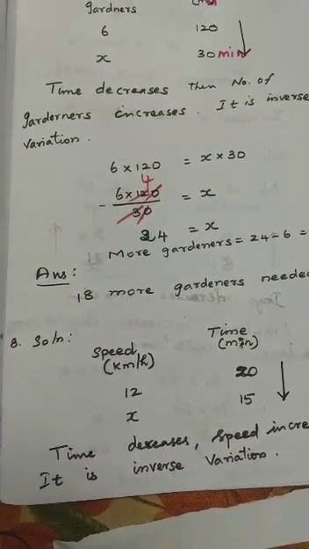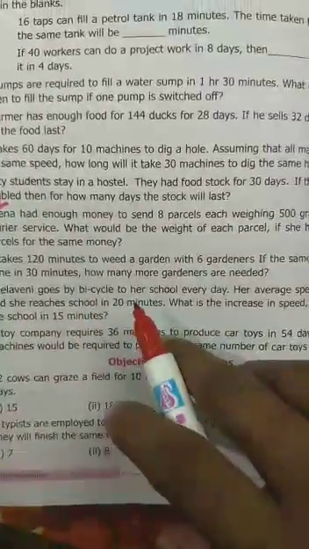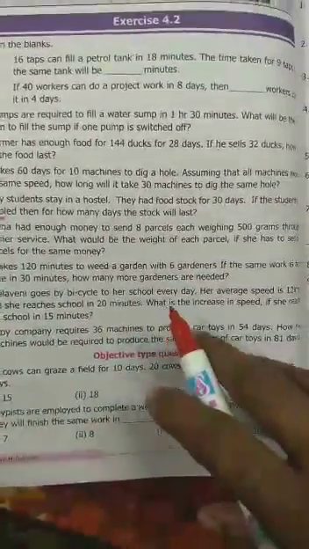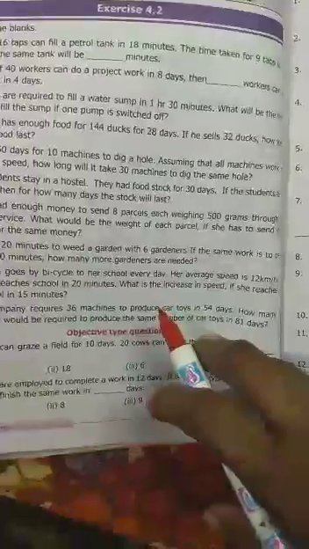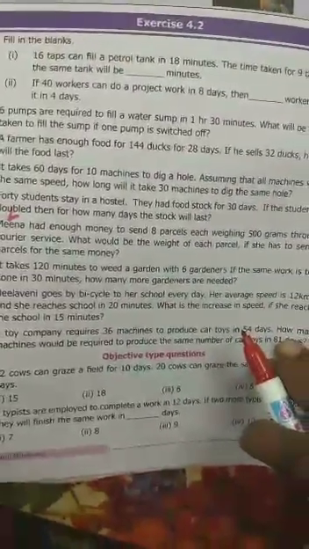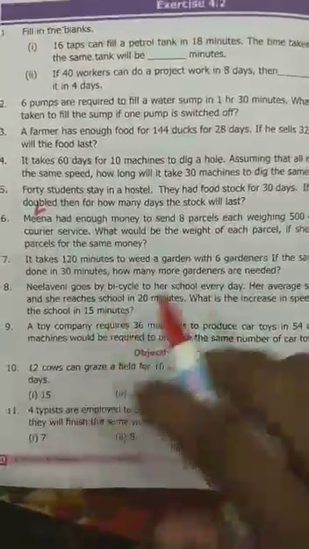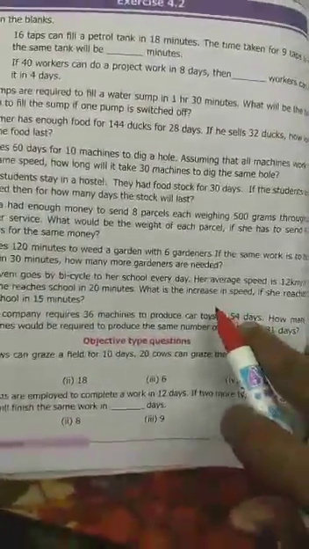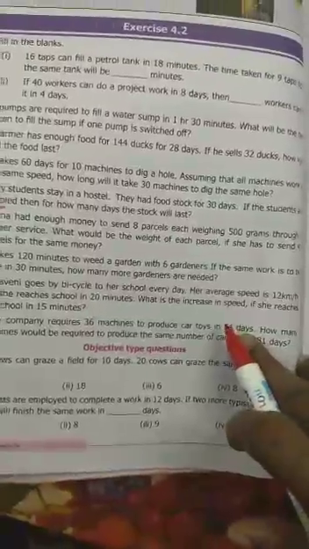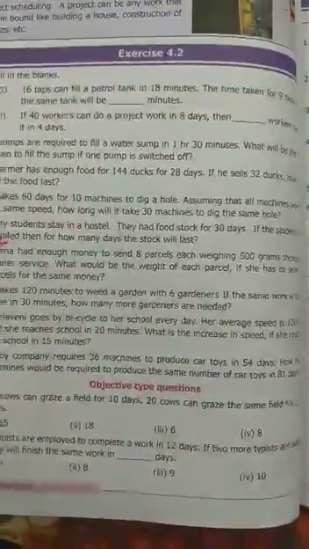Then we shall see the 8th problem. Neelaveni goes by bicycle to her school every day. Her average speed is 12 km per hour and she reaches in 20 minutes. What is the increase in speed if she reaches the school in 15 minutes?